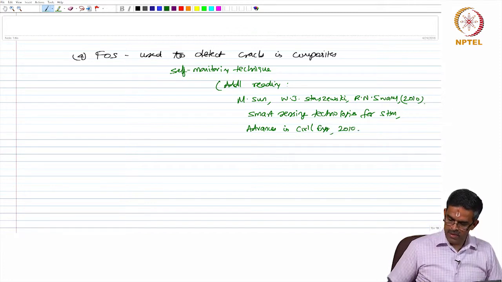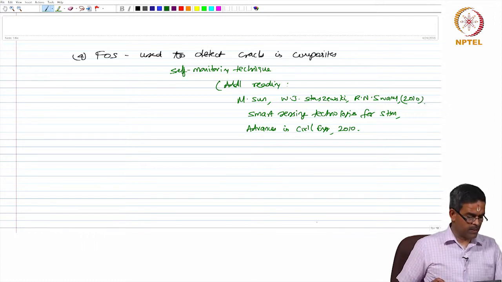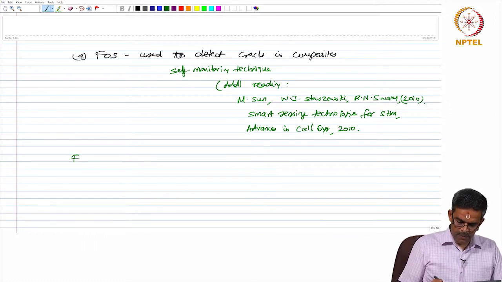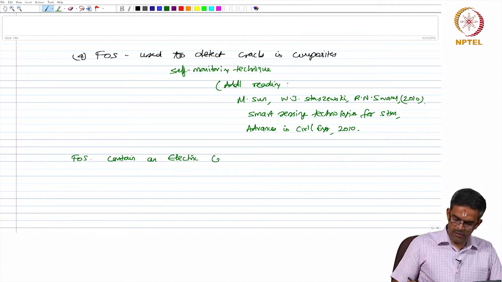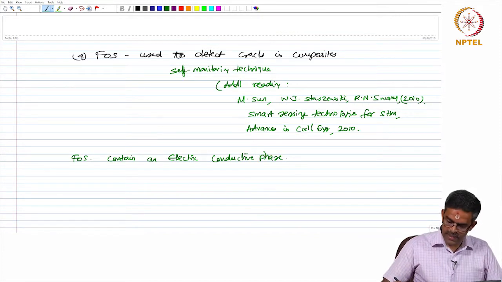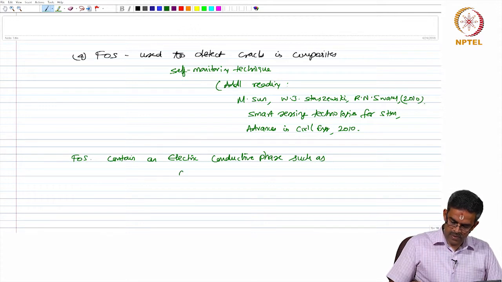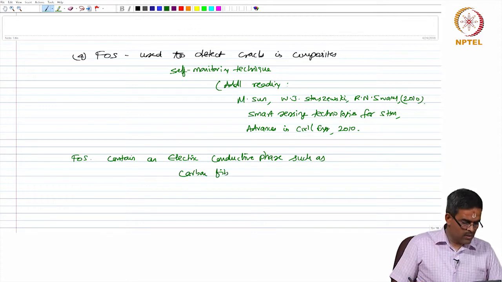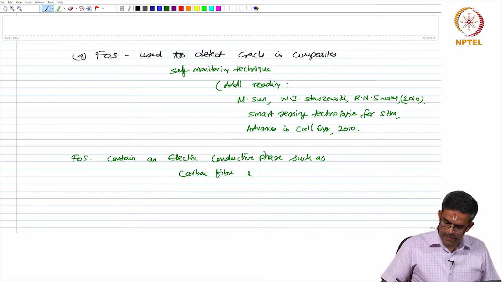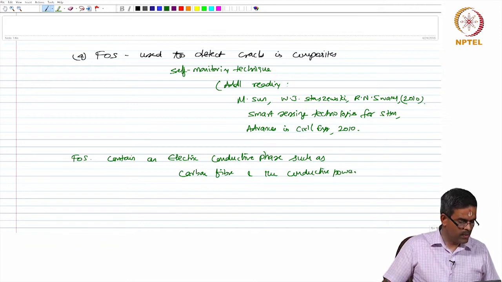Let us see how these kind of sensors work. These fiber optic sensors contain an electric conductive phase such as carbon fiber and the conductive powder in cement or polymeric mix.